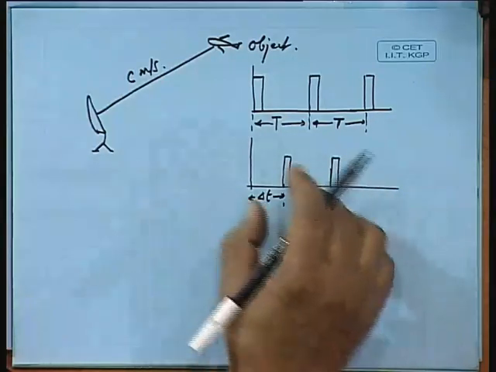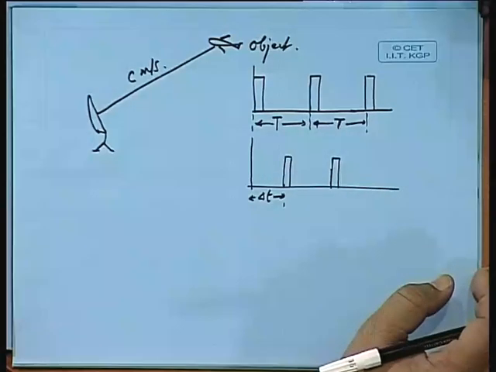Of course, this delta t will keep on changing because it is changing its position. So, the time taken by the pulse to return back will not be same throughout, that is changing. So, this gap is changing, okay.